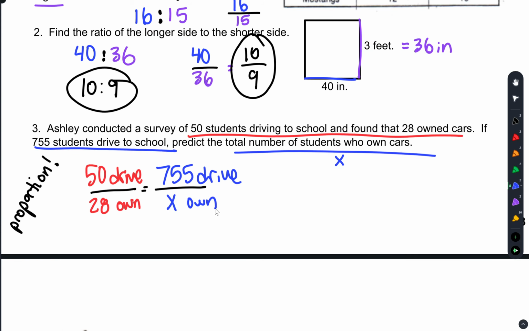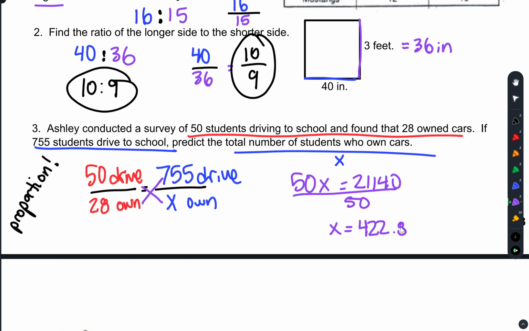Once we get here, yours might not look the same as your neighbor's, but you can still cross multiply and get the same answer. So 50 times x is 50x. 28 times 755 is 21,140. We divide by 50 to get x equals 422.8.